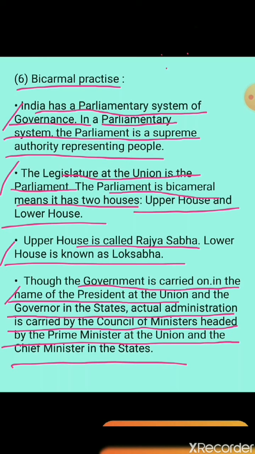On the name of the president the government runs at the central level, and at the state level in the name of the governor, but the actual administration at the centre is run by the Council of Ministers headed by the Prime Minister, and in the state the administration is run by the Chief Minister.